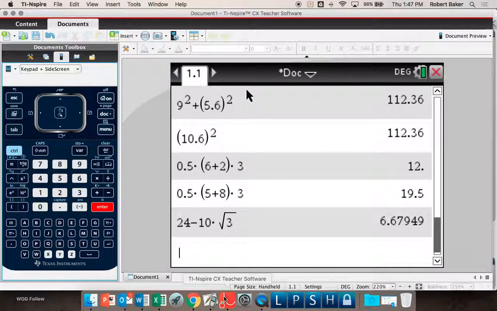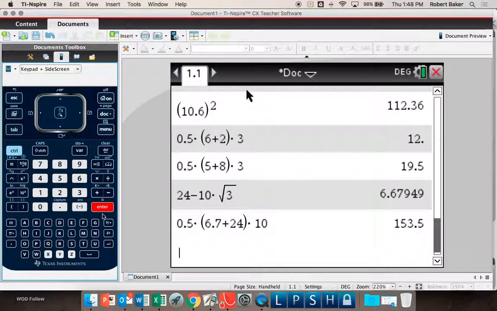Didn't get lag again. Not this time. 1/2 times base 1, 6.7, plus base 2, 24, times the height, 10. 153.5.